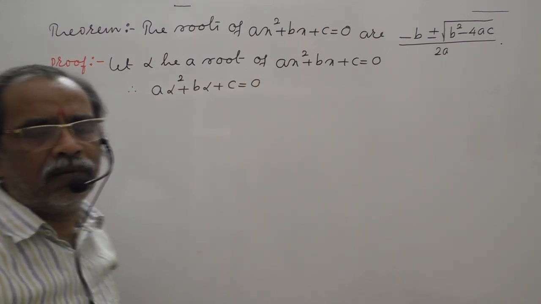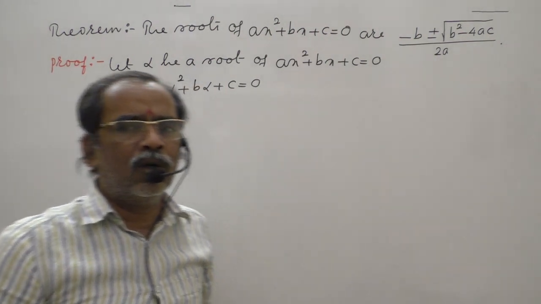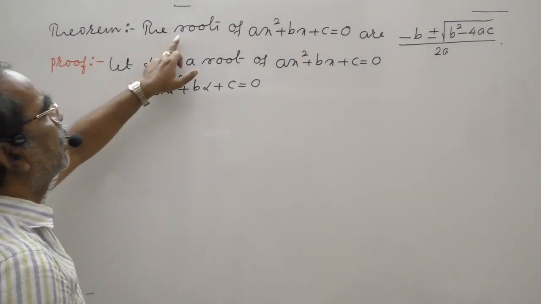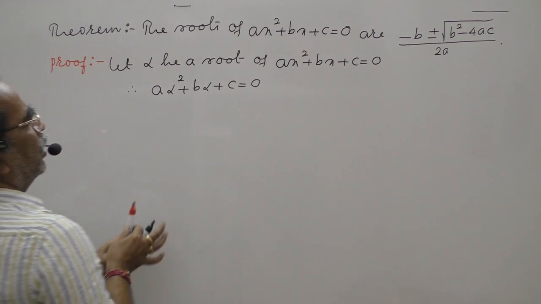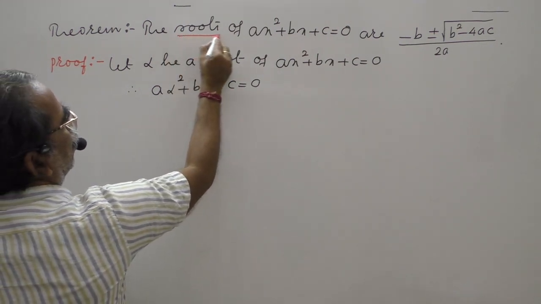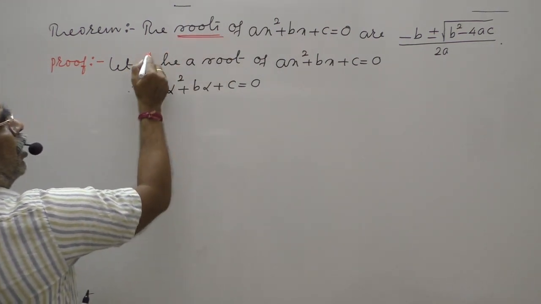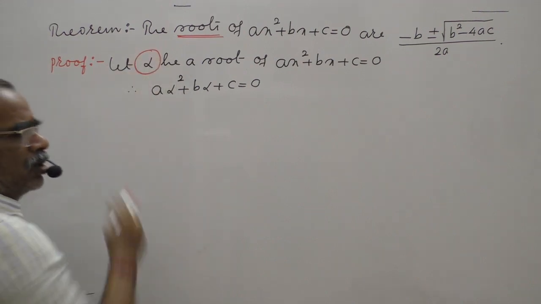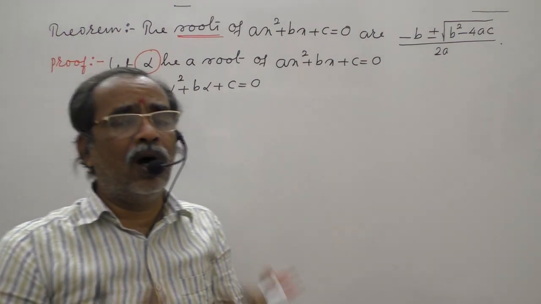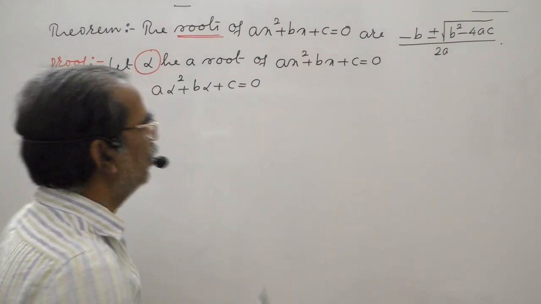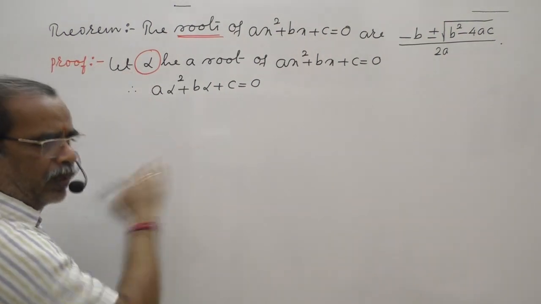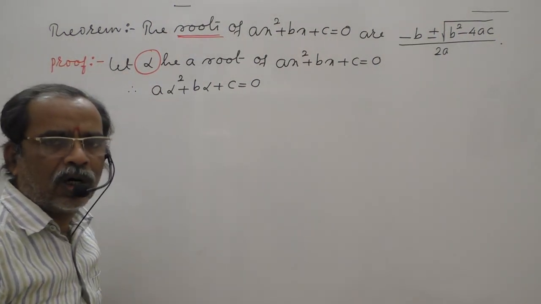This is by the definition of a root. So in this theorem, what we are finding? We are finding the roots. So we have taken alpha as a root. That means we have to find the alpha value. From this we need to separate alpha, because roots are to be found.